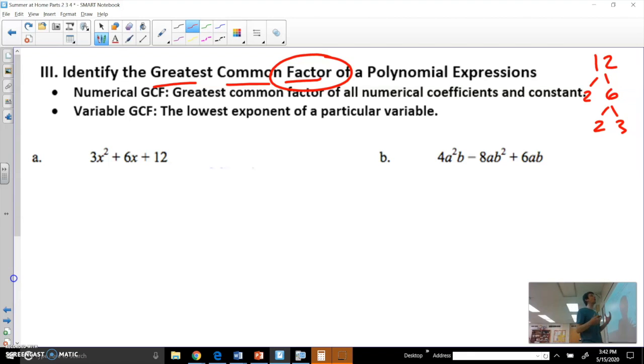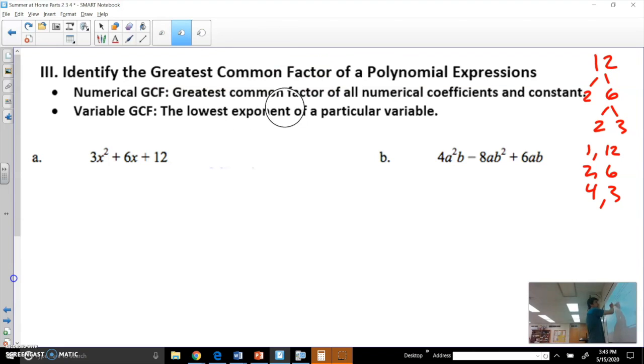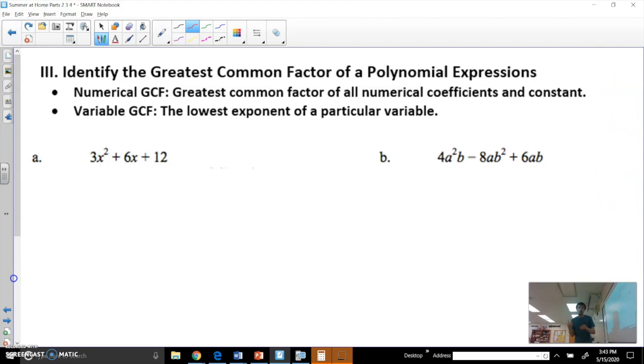And you can think about all the different pairs that give you 12: 1 times 12, 2 times 6. Or you could think of 2 times 4, where 2 times 2 is 4, and 4 times 3 would be 12. So these are all factors of 12. And if we're looking for the greatest common factor, it means you're talking about multiple constants, and which number would divide into every single one of them.